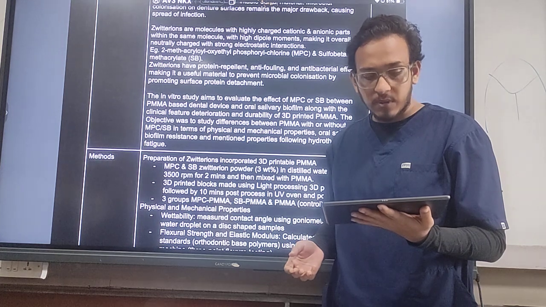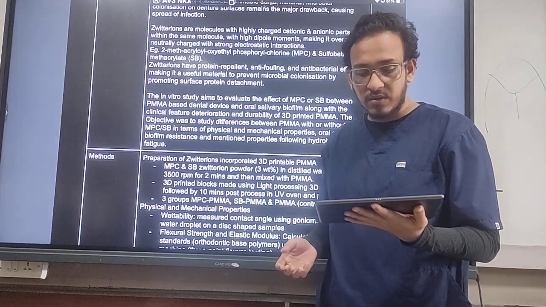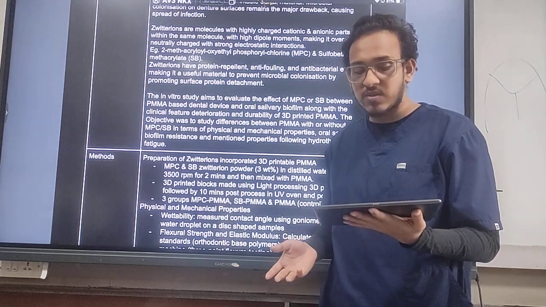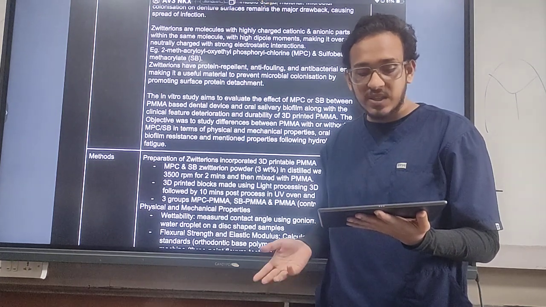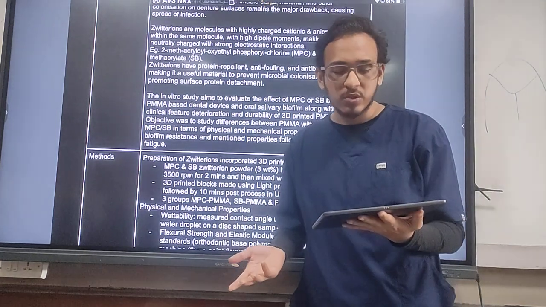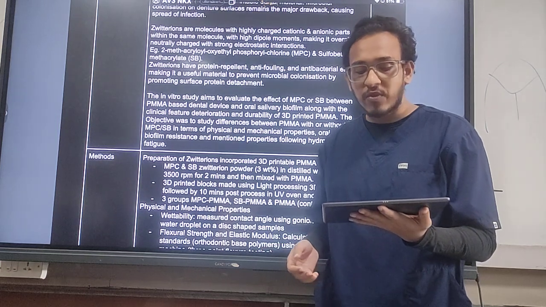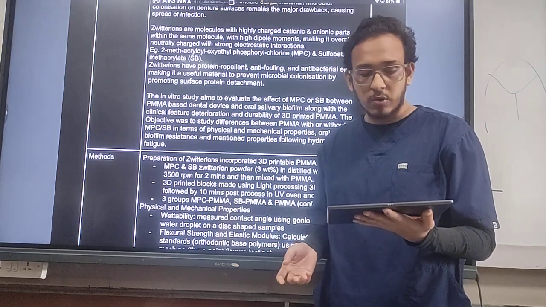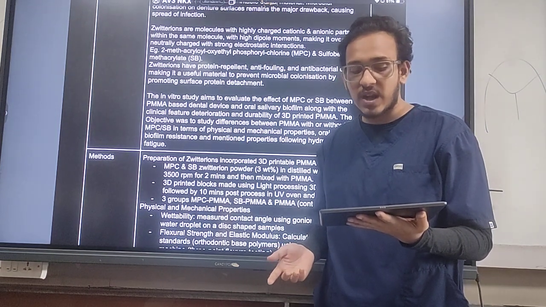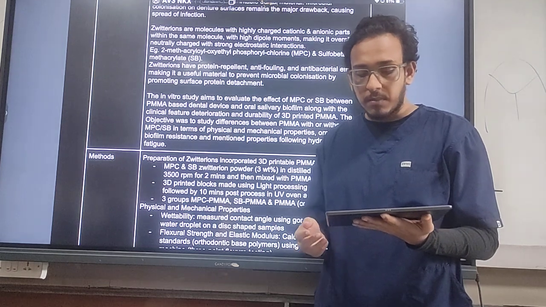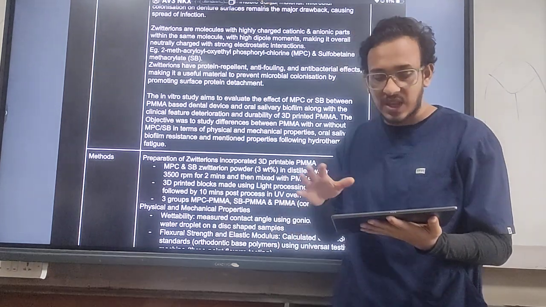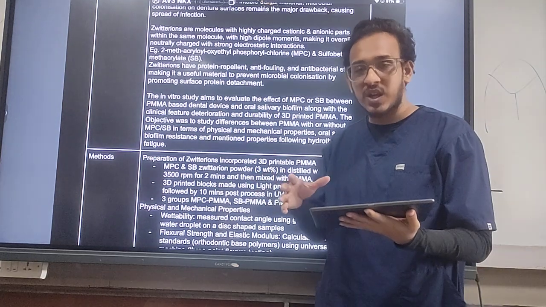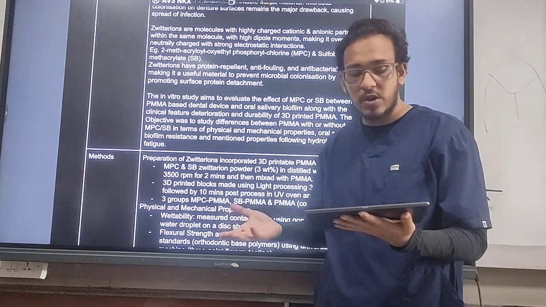The objective of this study was to study the difference between PMMA with and without MPC and SB Zwitterions, in terms of physical and mechanical properties and oral salivary biofilm resistance. The same properties were tested before and after hydrothermal fatigue.